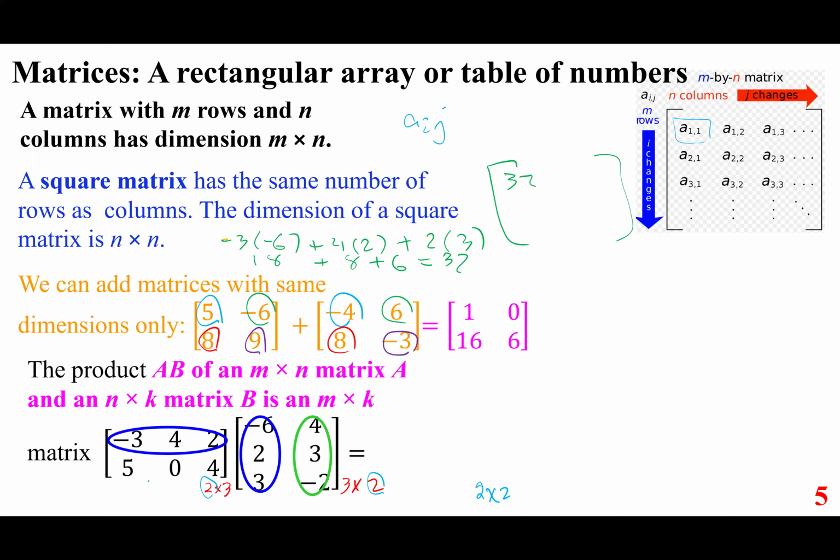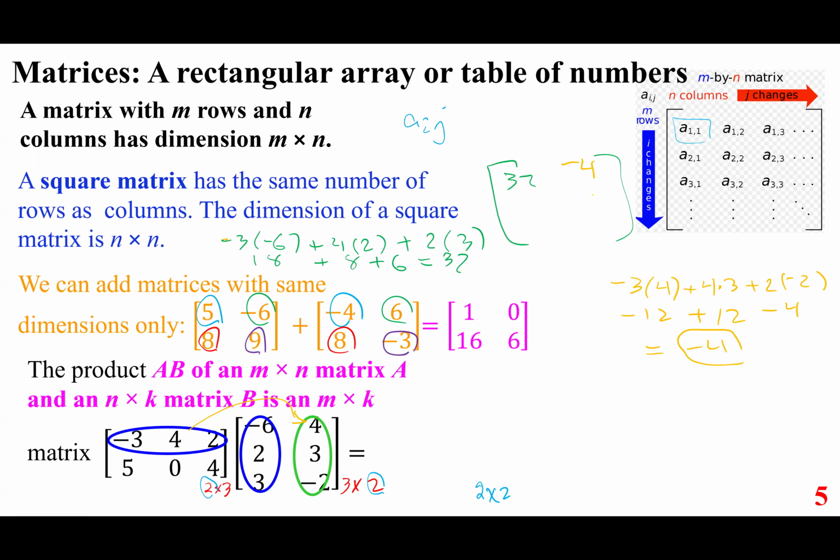Then we multiply these two, and let's just write it here. Negative 3 times 4, 4 times 3, 2 times negative 2. So this is negative 12 plus 12 minus 4.